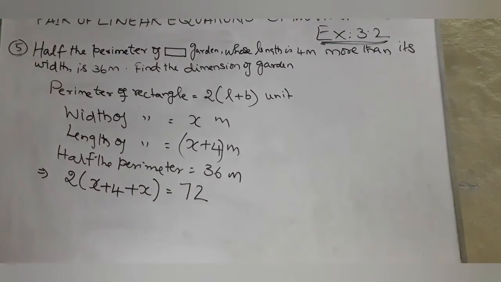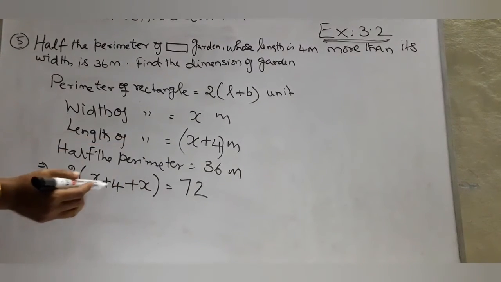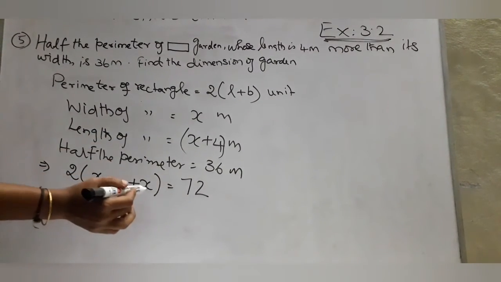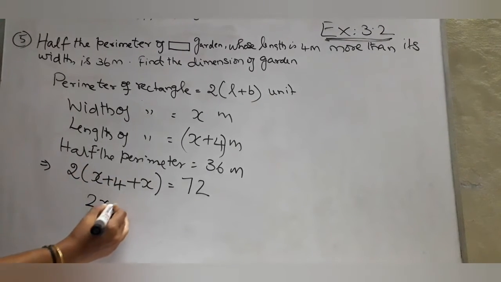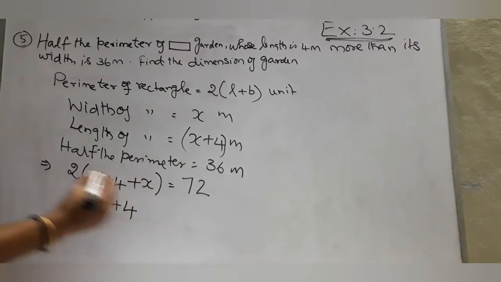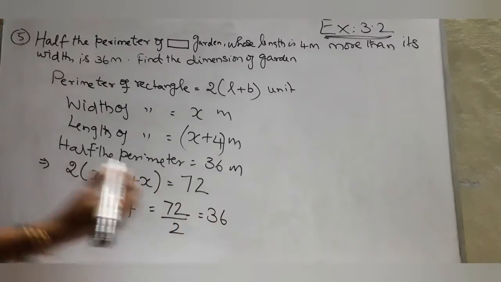Why have I put 72? You know, half of the perimeter is 36, but we have 2 into L plus B, the full perimeter of the rectangle. Now, 2x plus 4, this 2 must come down.